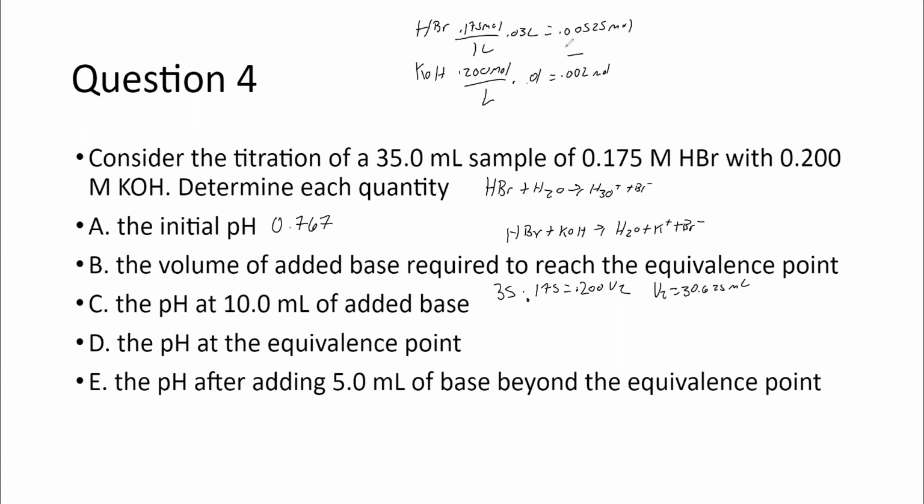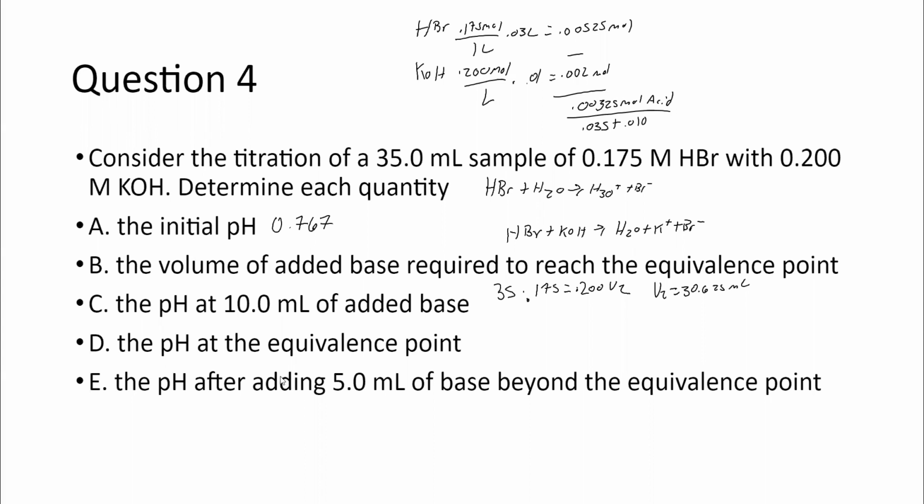And these two are going to react and destroy each other. So that should be 0.00325 moles of acid left over. Yep. So the amount of HBr I have left over is 0.00325 moles of acid. I need the concentration because I'm going to do a pH. So divide that by my total volume. So 35, and I just added 10.